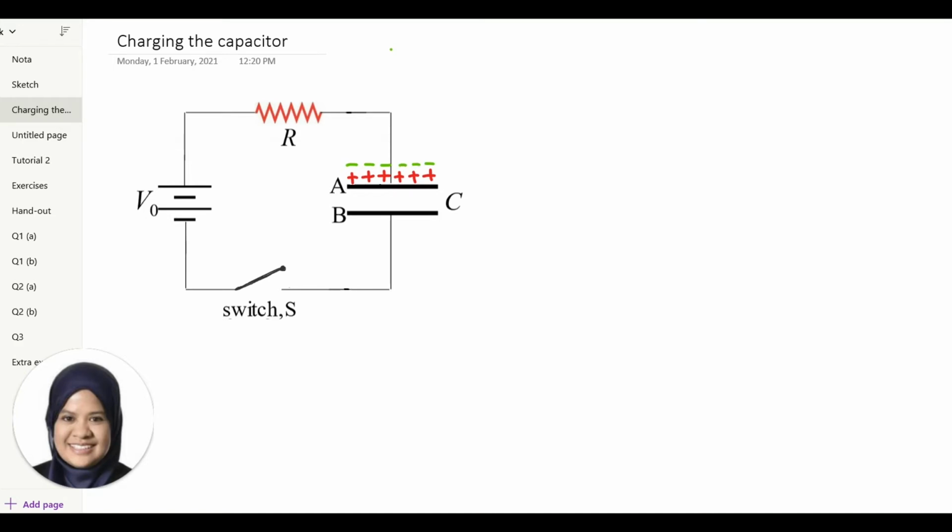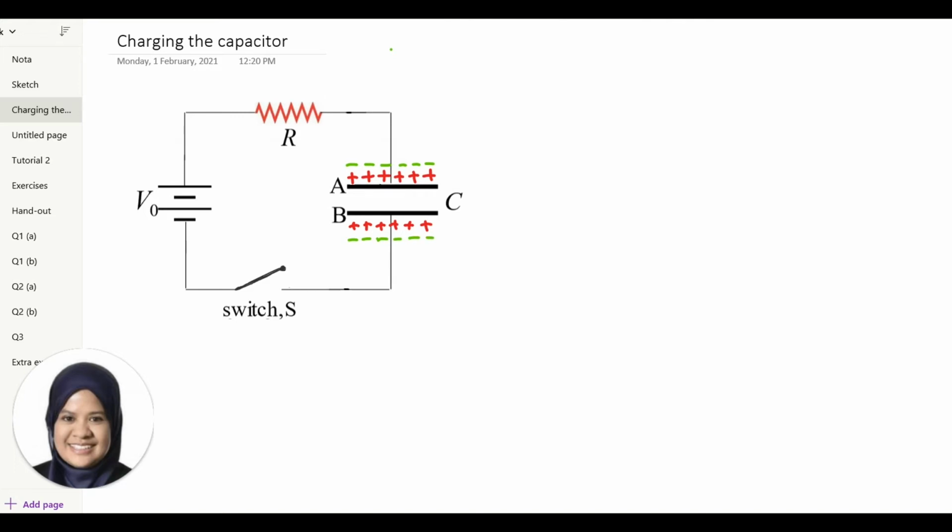Same goes to plate B. If I have 5 positive charge on plate B, I also have the same amount of negative charge on plate B, so that both A and B are said to be uncharged, neutral.